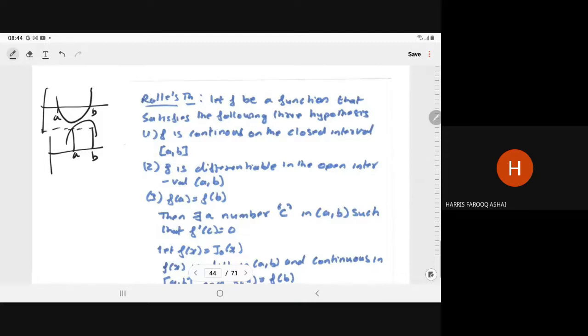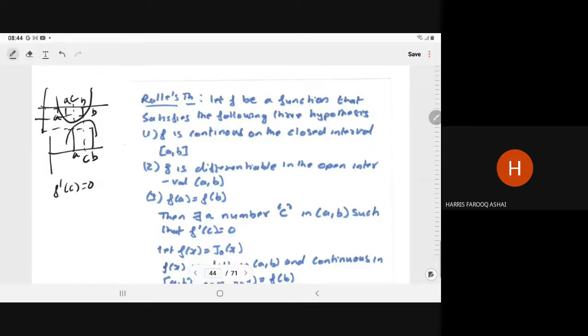So when fa is equal to fb, whatever the value, but fa is equal to fb, then there exists a point c between ab such that f dash c is equal to 0.